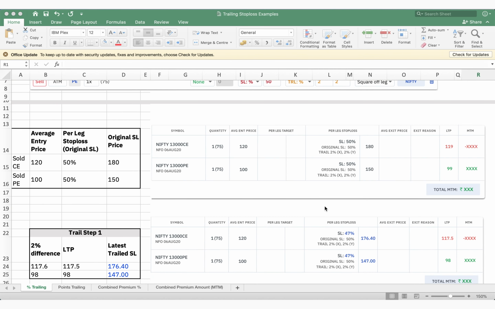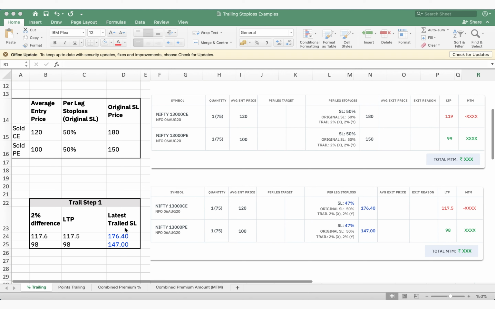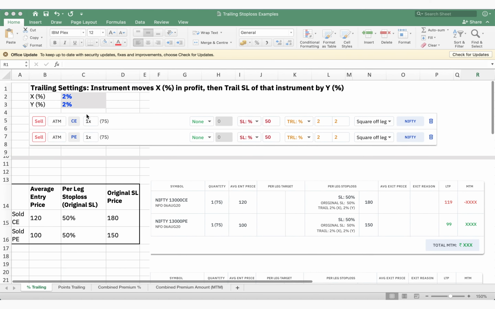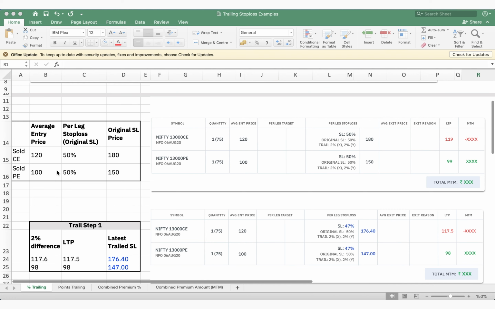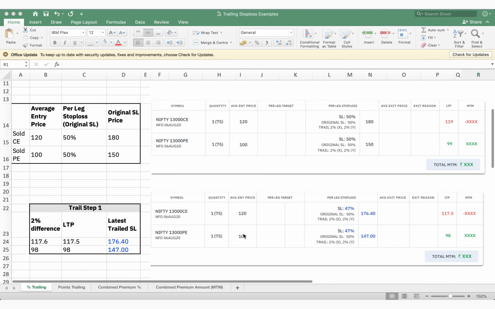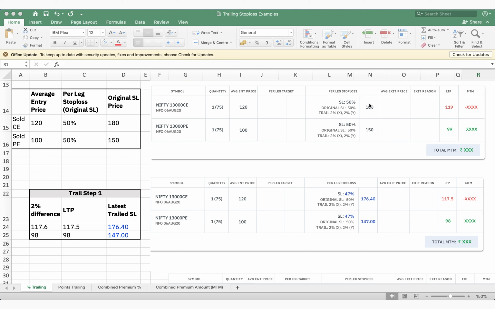So as the trade progresses, in this particular example, we can see that both the legs are going into profit. The call price has gone down to 117.5, which is 2% or X less than the average entry price of the call. And you can see that the SL has also trailed by 2%, which is Y, from the original SL.